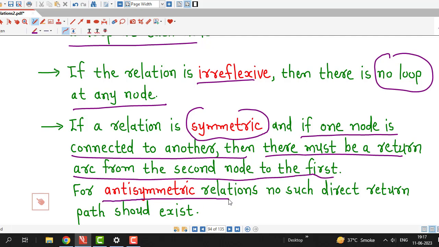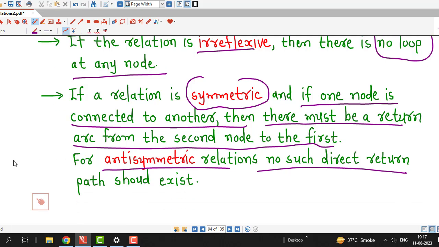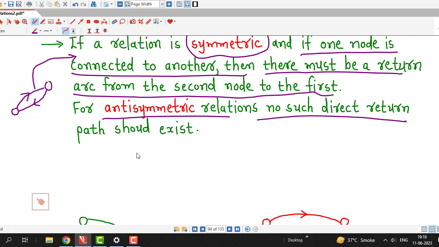And for antisymmetric relations, no such direct return path should exist. For symmetry, if one node is connected to another node, then there must be a return arc from the second node to the first node. So this is required for symmetry, and for antisymmetry, no such direct return path should exist.